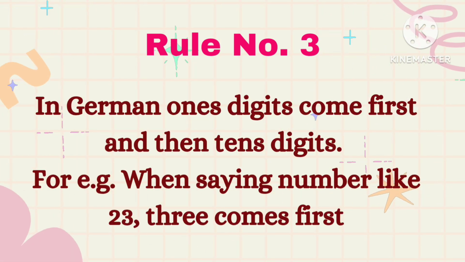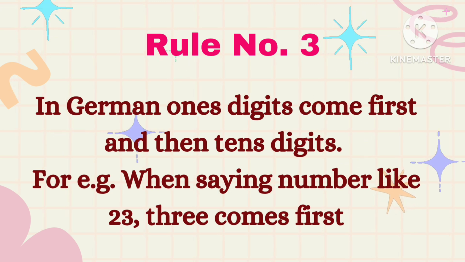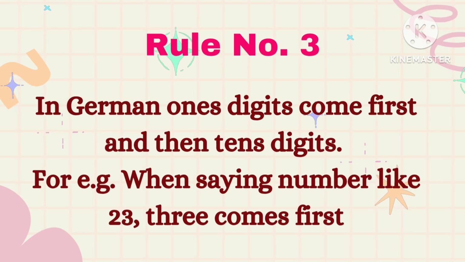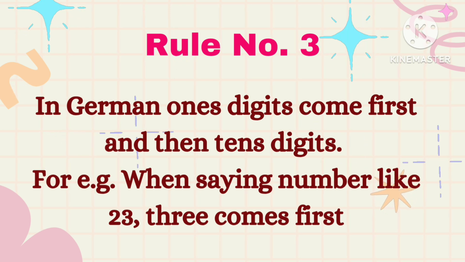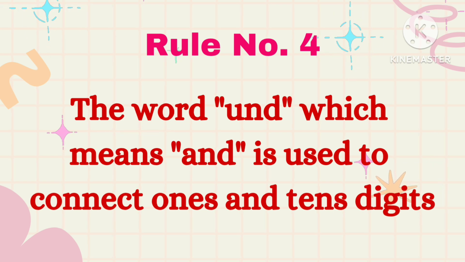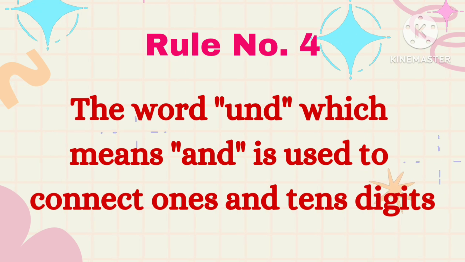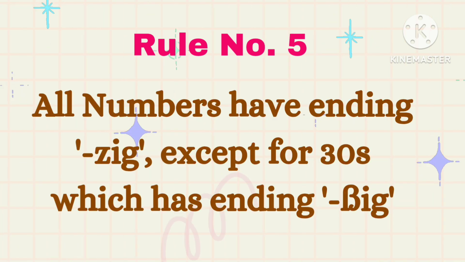Rule number 3. In German, ones digits come first and then tens digits. For example, when saying a number like 23, 3 comes first. Rule number 4. The word und, which means and, is used to connect ones and tens digits.